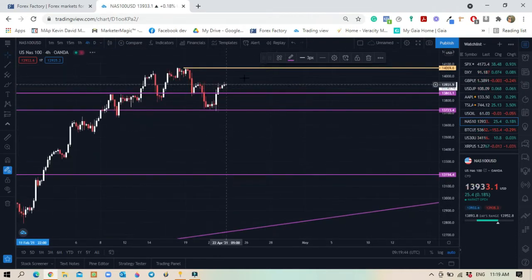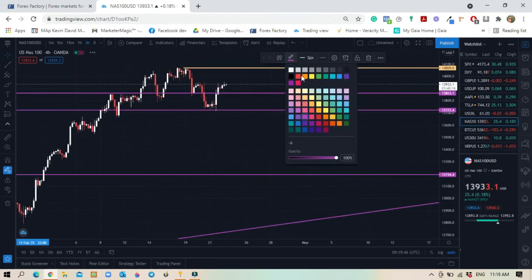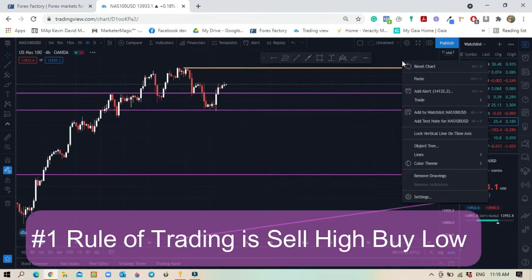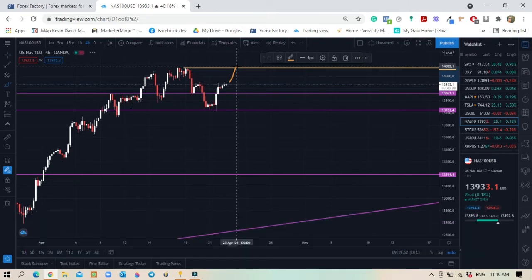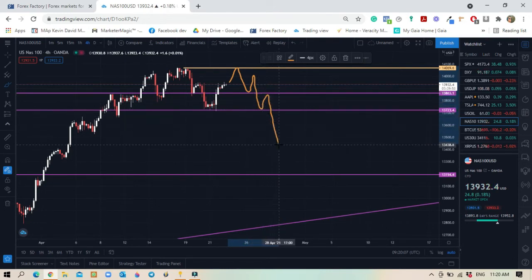Now, if this comes up to here, guys, and gets rejected again, then it will move down to the next support. Then what has to happen is it will make a lower high and a lower low, and then a lower high and a lower low, and then we are in for the big movements.